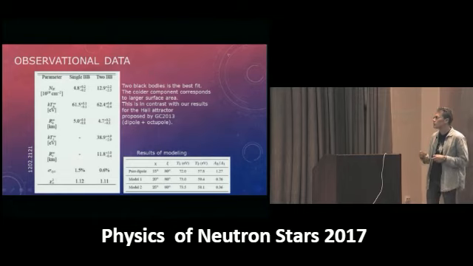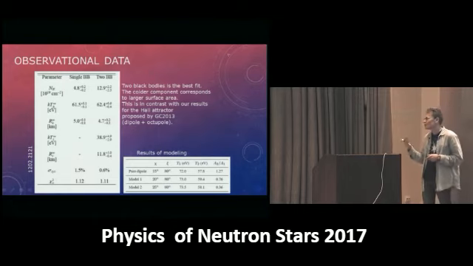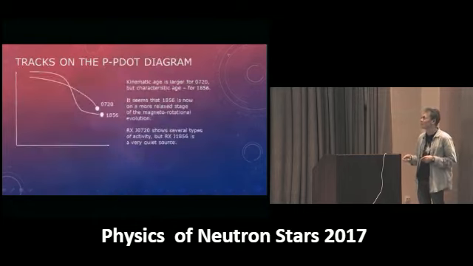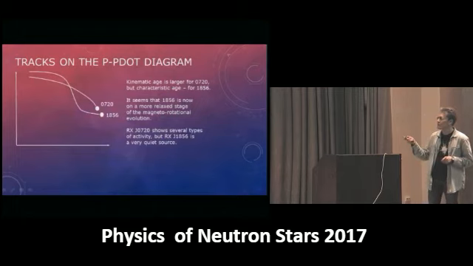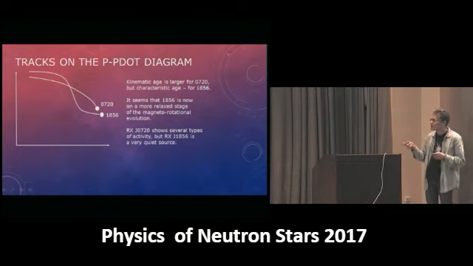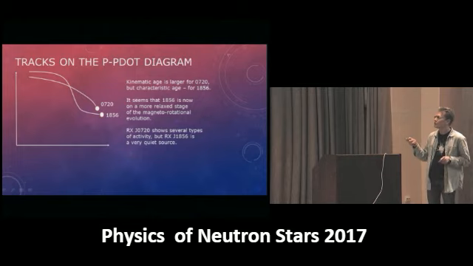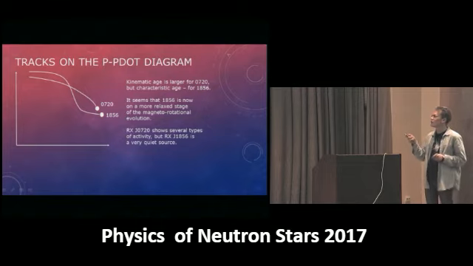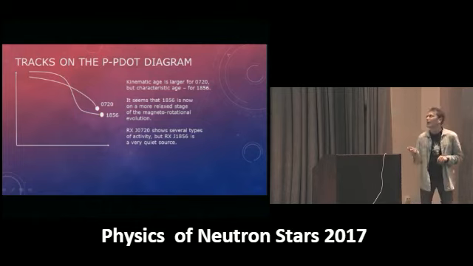To give you some positive result at the end, or at least a puzzling byproduct: when we discuss different members of the Magnificent Seven set of neutron stars, we see a funny thing. There are two well-known sources, 1856 and 0720, and for both of them kinematic ages are estimated, and the kinematic age is larger for 0720.